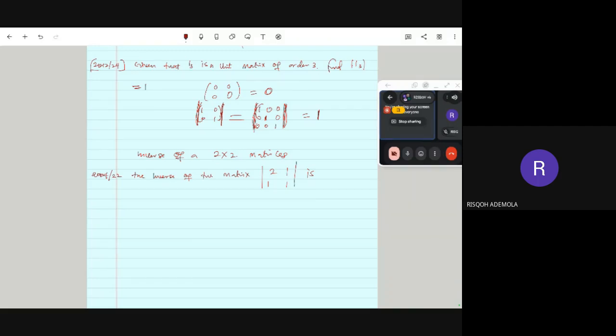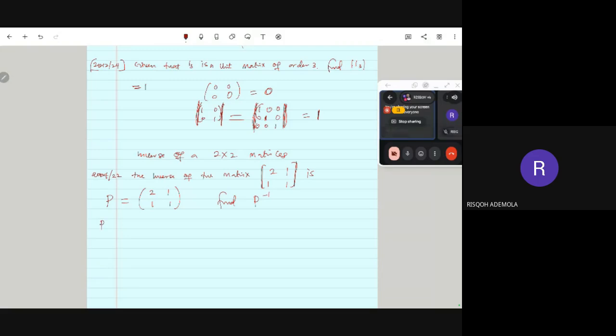So let's say that this matrix here is P. Matrix P is 2, 1, 1, 1. So to get the inverse of this matrix, we want to find P inverse.